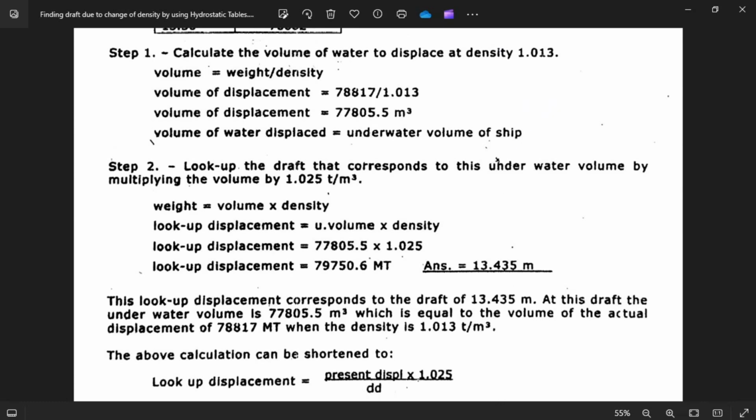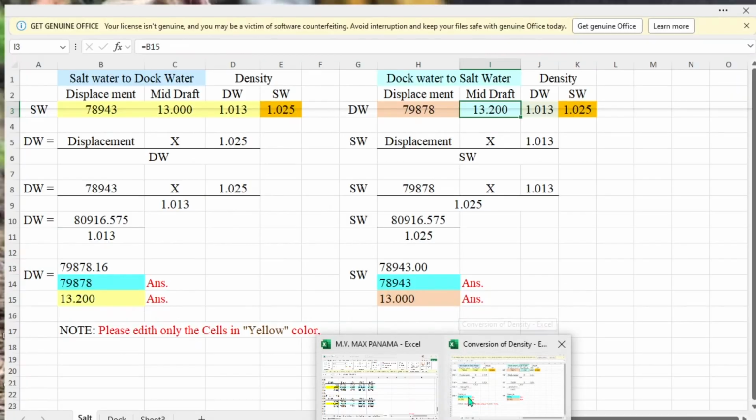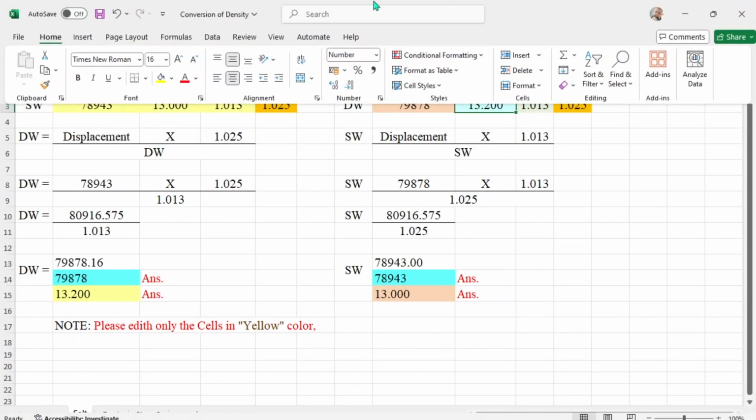But we will investigate this through a program I have here for conversion of density.